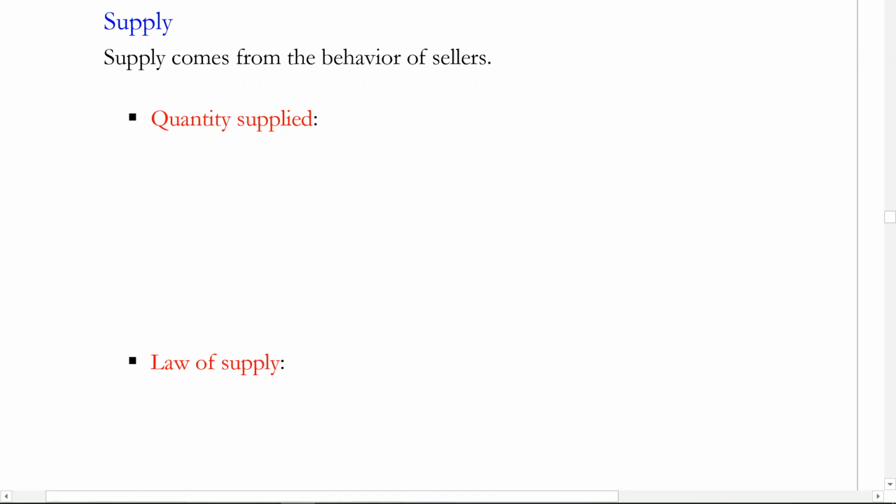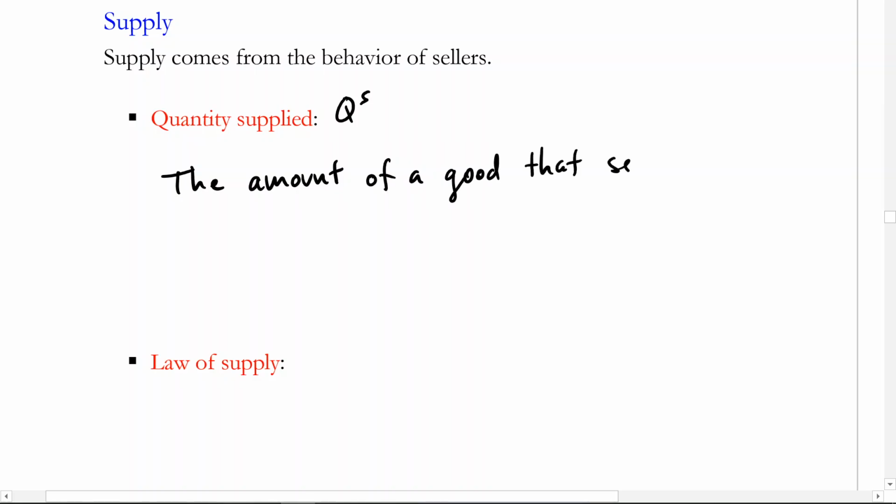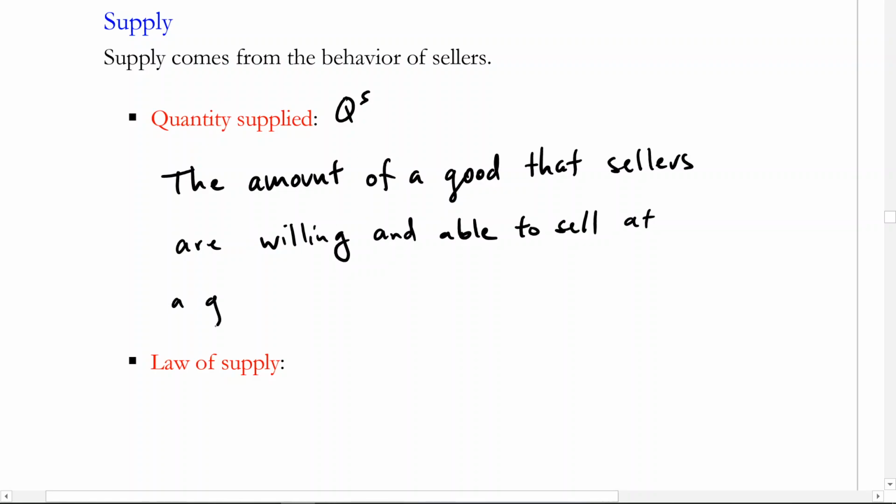On the supply side, we're talking about the sellers. And so our definition for the quantity supplied, which I abbreviate with QS, is the amount of a good that sellers are willing and able to sell at a given price.